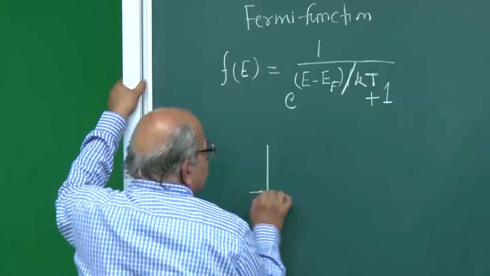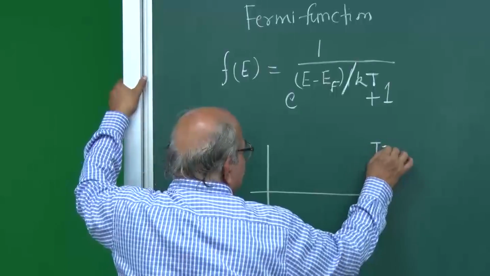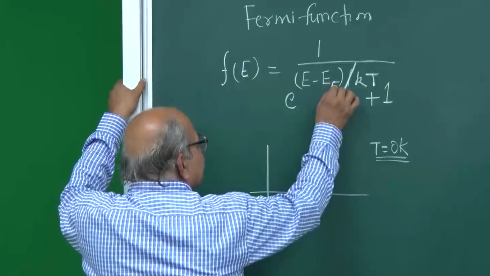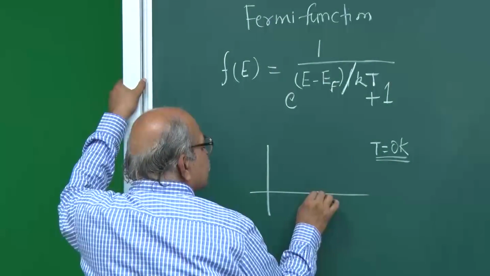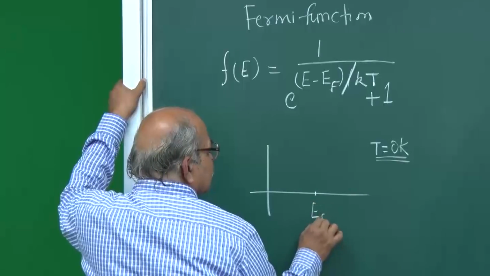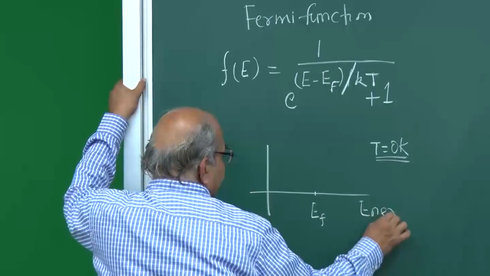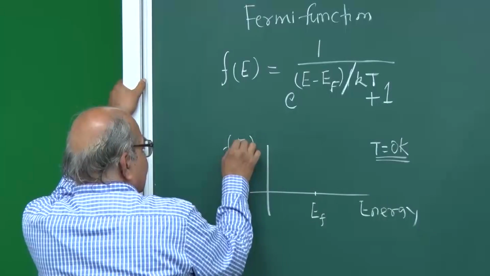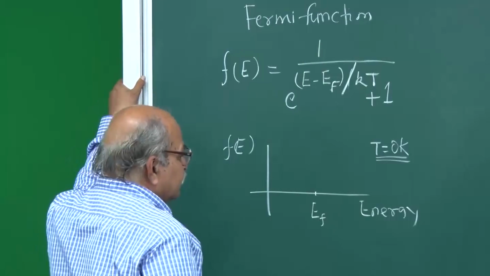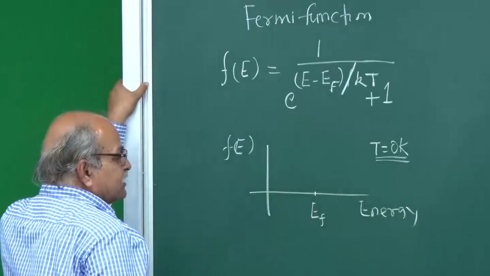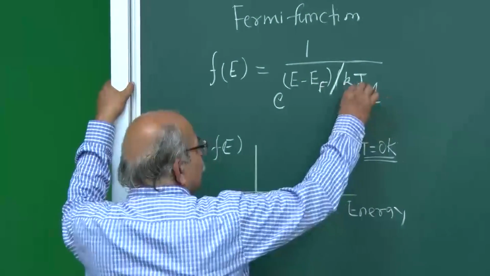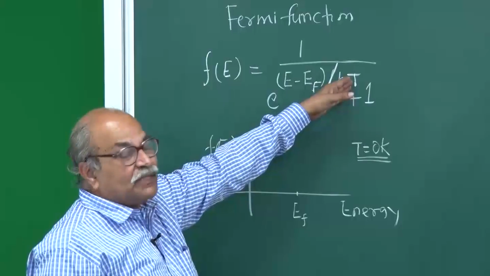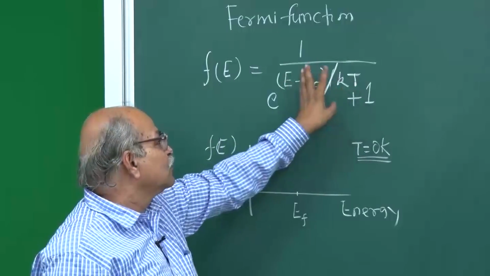So if you look for 0 K, T equal to 0, and let's say this another constant appearing here. So let's say this is EF, this side is energy, and this side is this Fe. If you try to plot this here, if this T is 0, then this is in the denominator in this fraction, so this is going to be infinity.